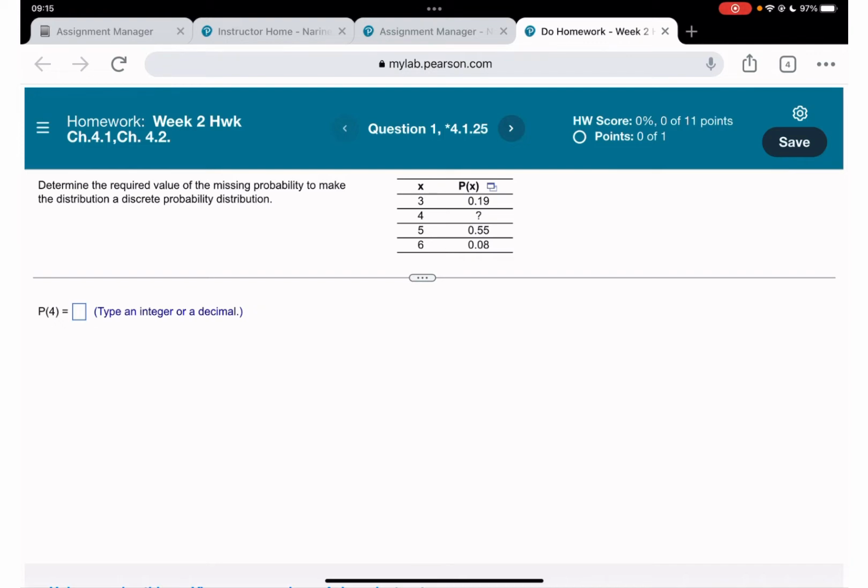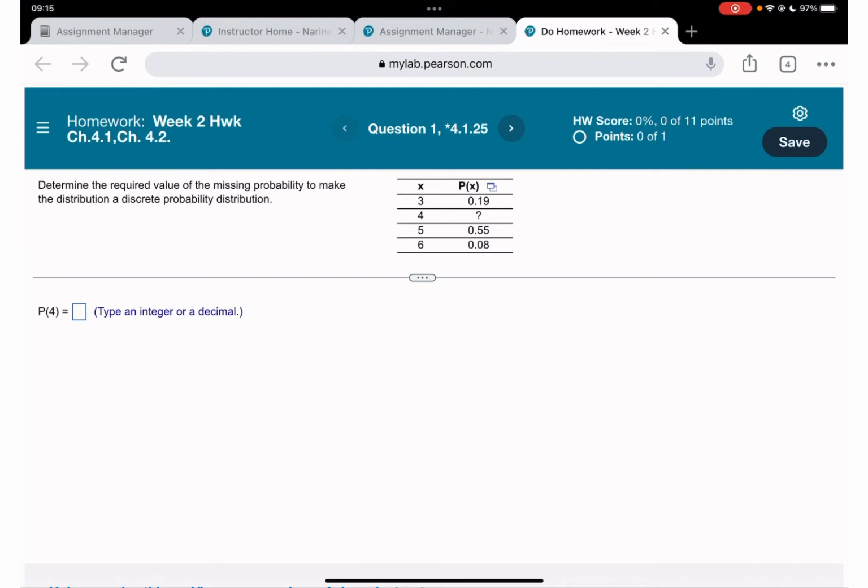Okay, determine the required value of the missing probability to make the distribution a discrete probability distribution. The probability distribution is this P of x, and when x is equal to 4, we have a question mark. We need to find the probability for x equal to 4. How are we going to find it?